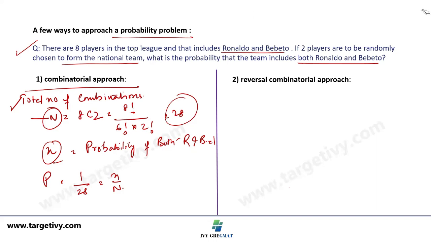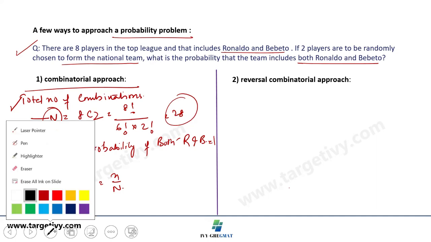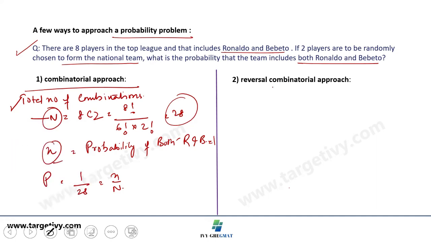Okay, once we are done with this combinatorial approach, we can take the reversal of the combinatorial approach. Let's see how we can do it. The reversal of this approach. How come? We know that the total number is equal to 28. So 28 outcomes are possible. I mean, that's the maximum possibility. Now, we go the other way around.